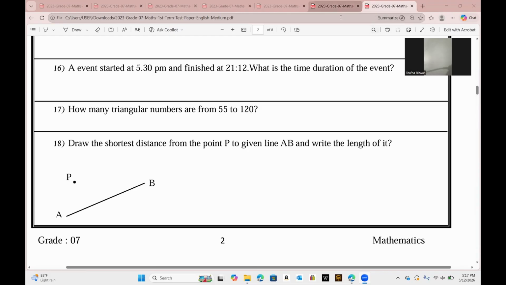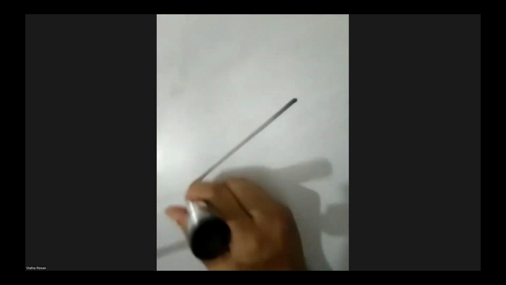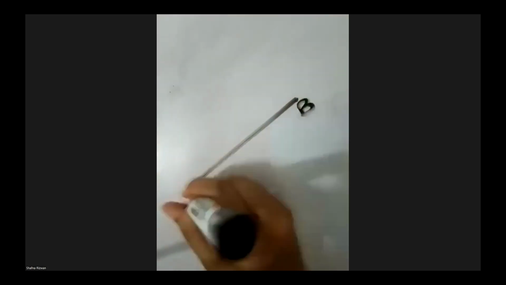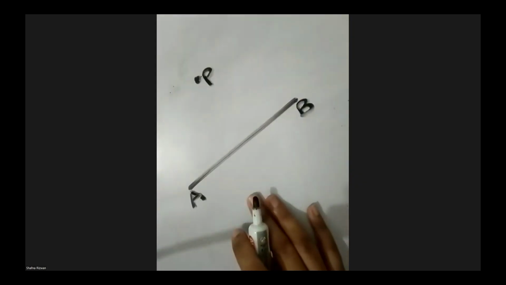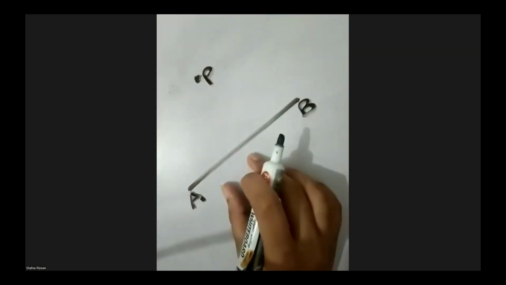Let's find it. How can you do that? They have given you A and B, and they have given you a point P. Draw a line where it will meet this line AB.